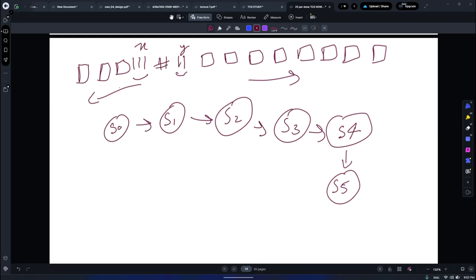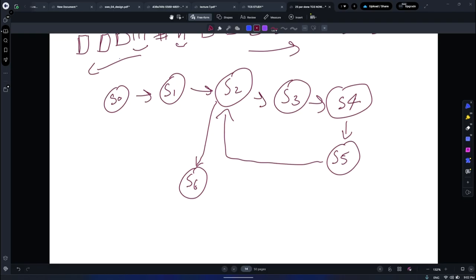From S5 we have a state that goes back to S2, and then we have a state that goes from S2 to S6. And why are we doing all of this? I will get back to that in a minute. Why is it like this? And this goes back to this starting point.